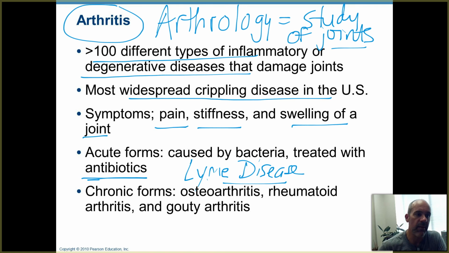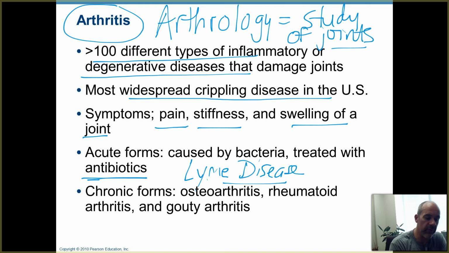It's carried by deer ticks, and if the deer ticks bite you, they can inject these bacteria into your bloodstream. If you don't get treatment in time, the bacteria will invade the joint fluids, and that can lead to inflammation. Your immune system is going to come in and try to kill these bacteria, and so you have inflammation taking place while your immune system is doing that, and that can lead to arthritis.